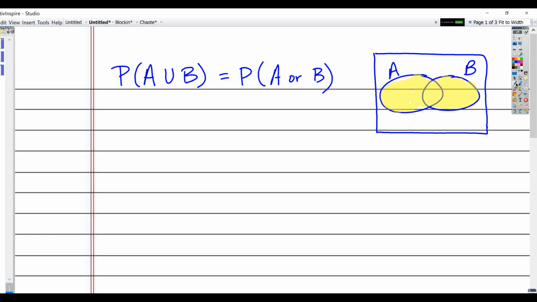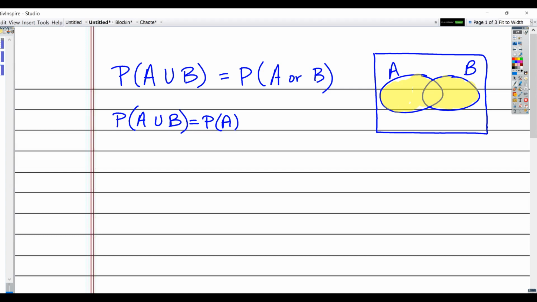So let me give you a formula. Probability of A or B is equal to the probability of A. Now, do you think we're adding here or multiplying here? When we do A and B, we multiply.